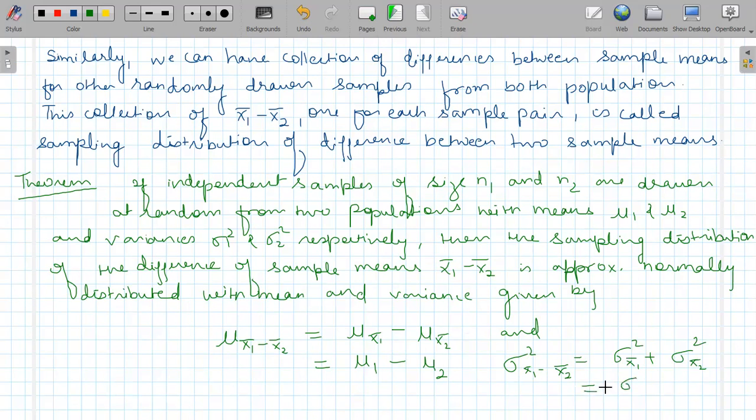This is equal to sigma 1 square upon n1, and this is equal to sigma 2 square upon n2. So the variance of the sampling distribution of difference between two sample means is given by sigma 1 square upon n1 plus sigma 2 square upon n2.